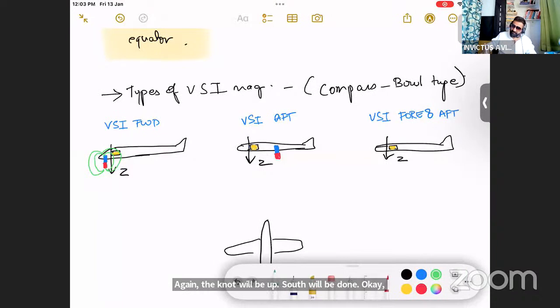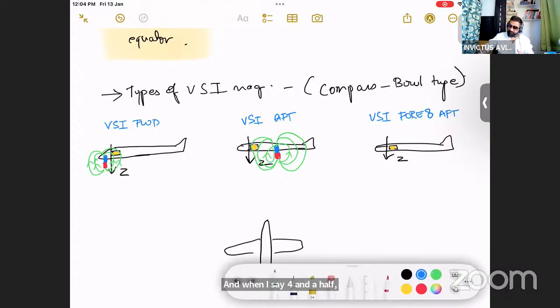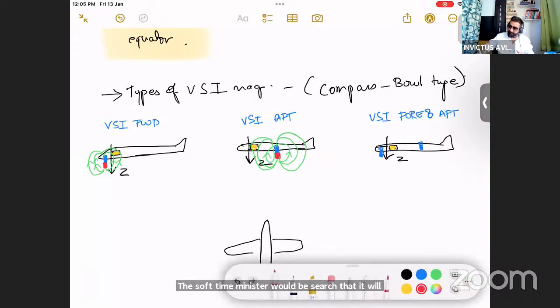Definitely, my compass needle is very sensitive. A little bit of influence will always be there. And when I say fore and aft, chances are the soft iron magnetism would be such that it will occur both fore and aft at the same time.